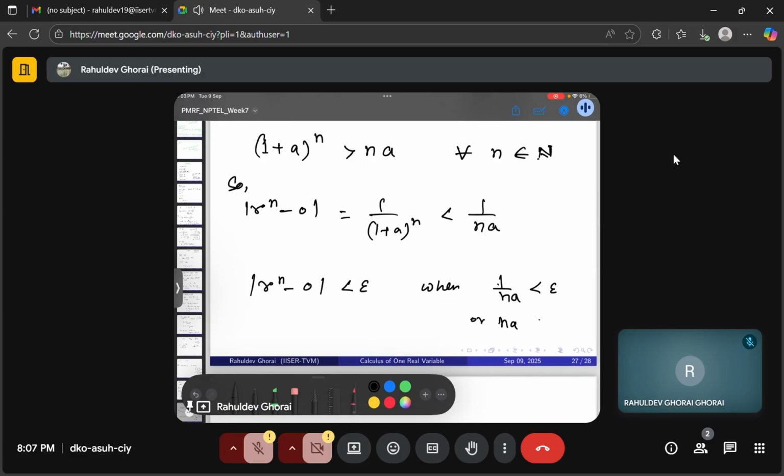Yes, that is true, right? Because that will only imply r to the power n minus 0 less than 1 by n a, right?